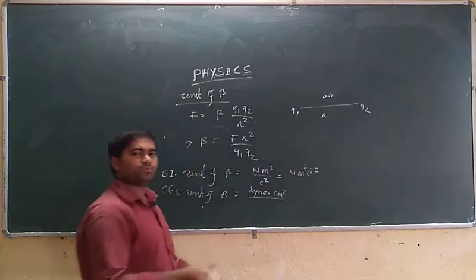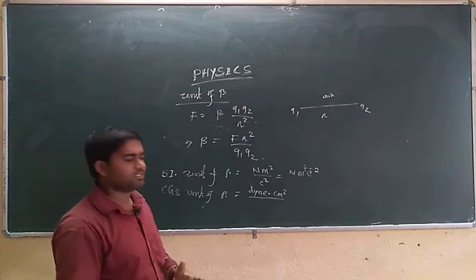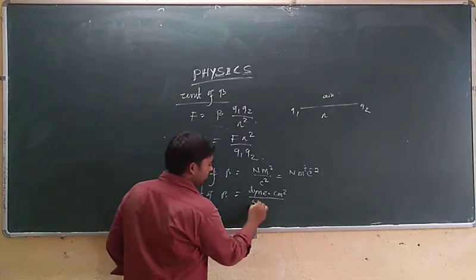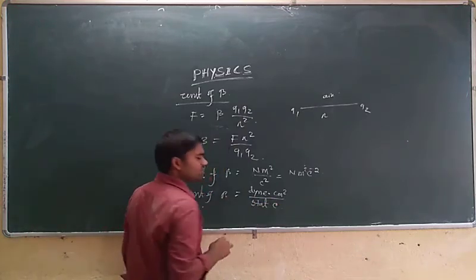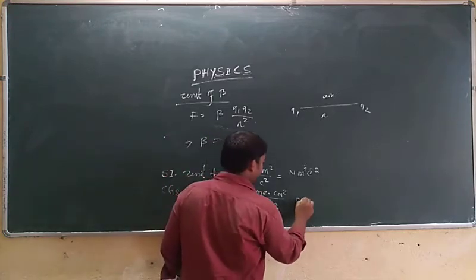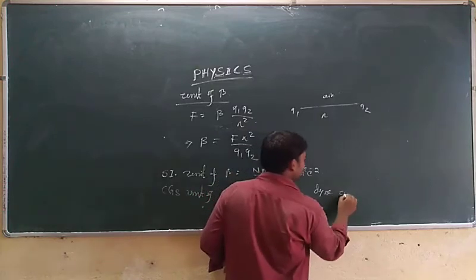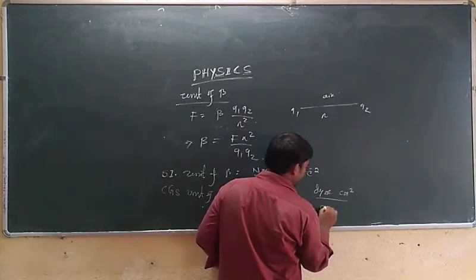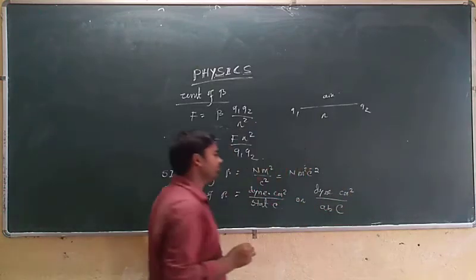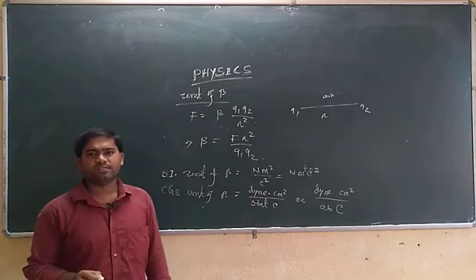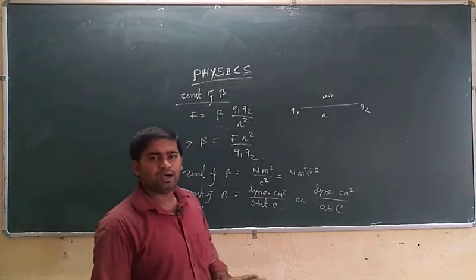There will be two units of coulomb in the CGS system, one is stat coulomb and another is ab coulomb. So dyne centimeter square divided by ab coulomb. Either you may write the stat coulomb format or the ab coulomb format.